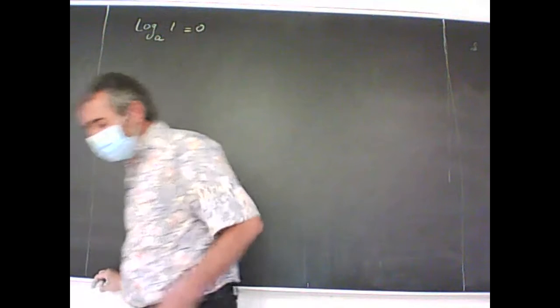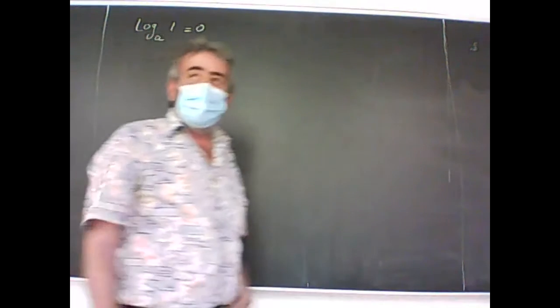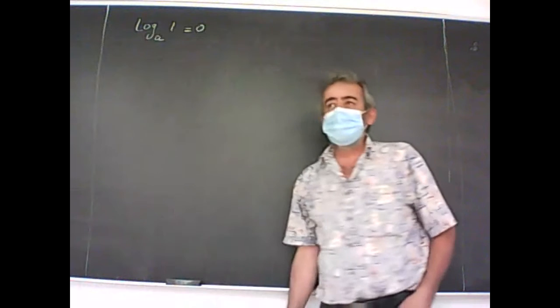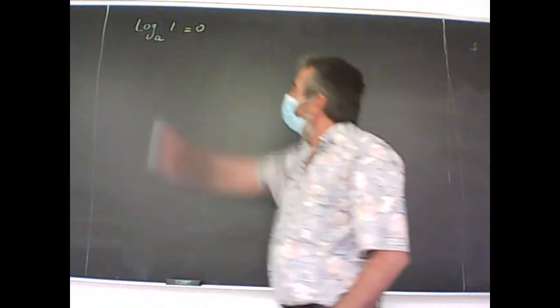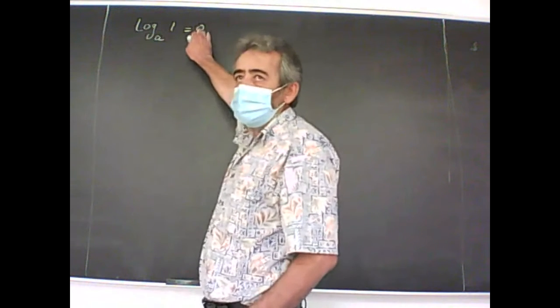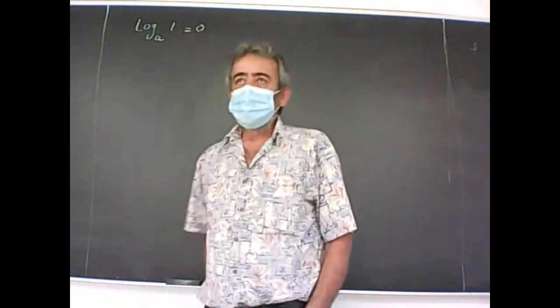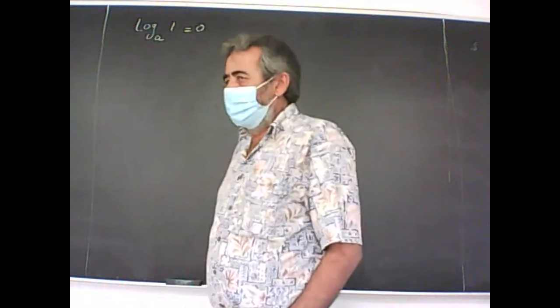It means the log of any base of 1 equals 0. So as soon as I see log of 1 with any possible base, the answer is always 0. Okay.